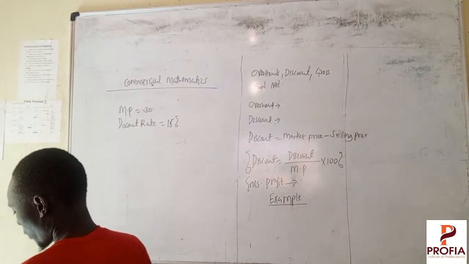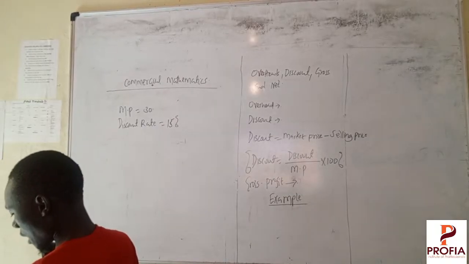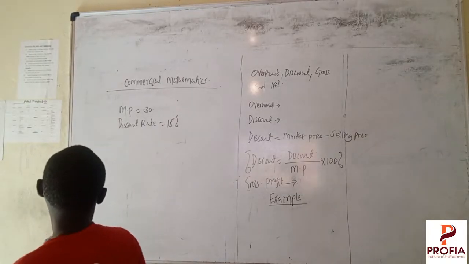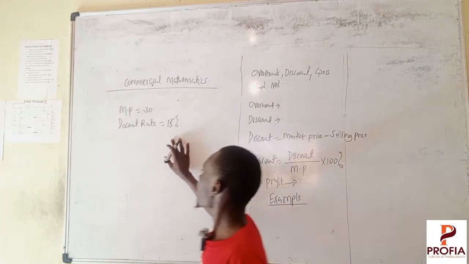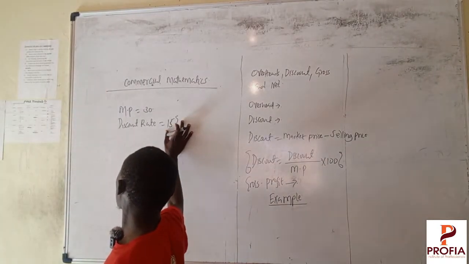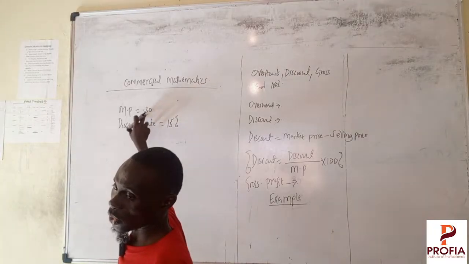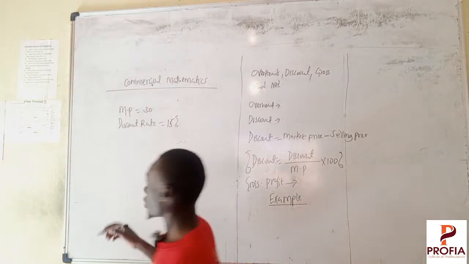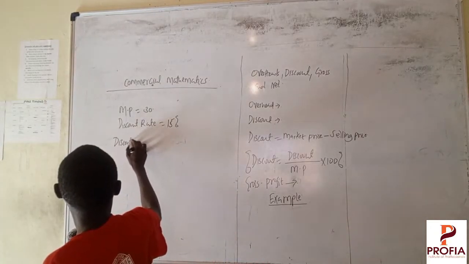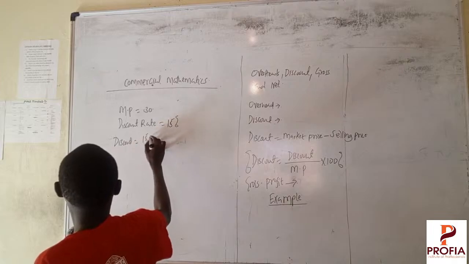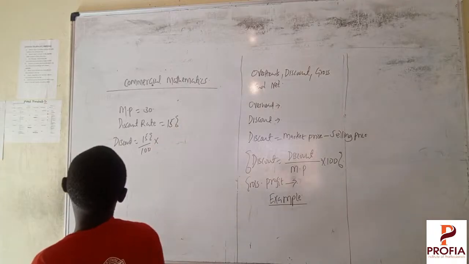And you know very well, this is the discount rate. So it means this percentage of the market price, you should be able to get the discount. So our discount should be 15%, which is 15 over 100, multiplied by 30.